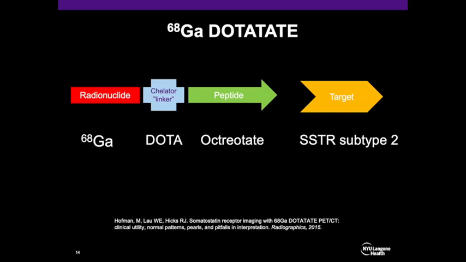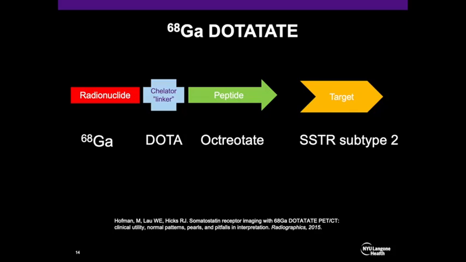That brings us to this molecular imaging concept. We are looking at a radiotracer model. We have a radionuclide, which provides the PET imaging signal. It's linked to a biologically active molecule, which has a specific target in the body.